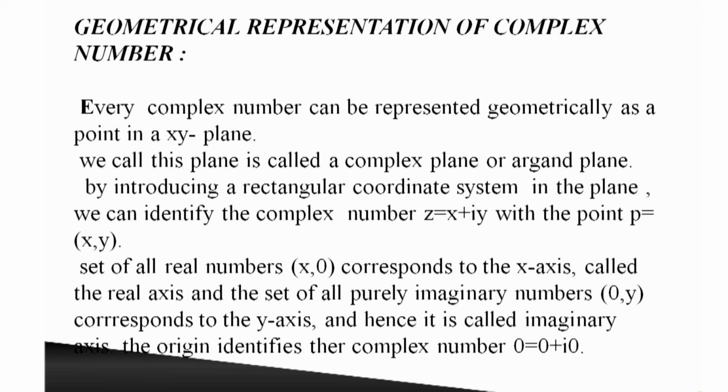As usual, the set of all points on the real axis is represented by x comma 0 and the set of all points on the y axis, that is the imaginary axis, is represented as 0 comma y. Here origin is equal to 0 plus i into 0.